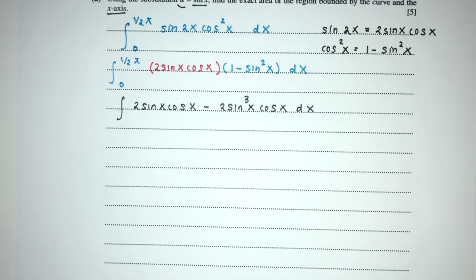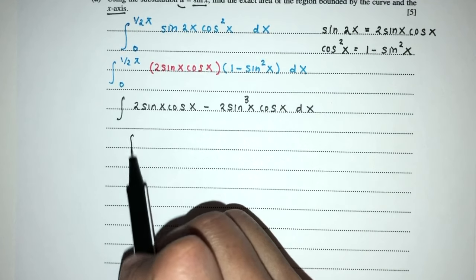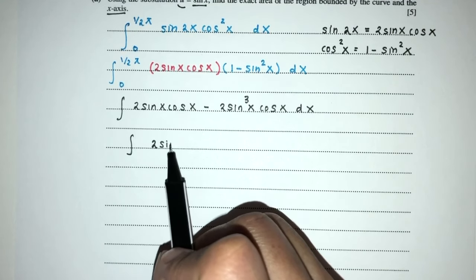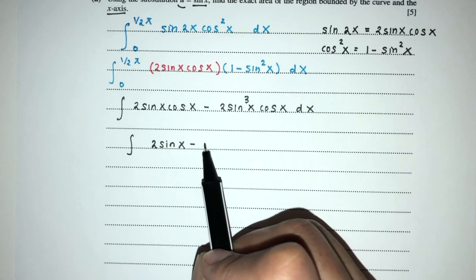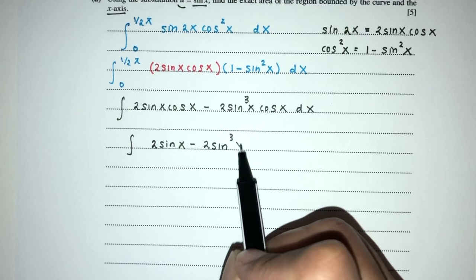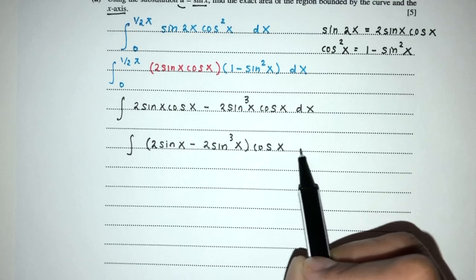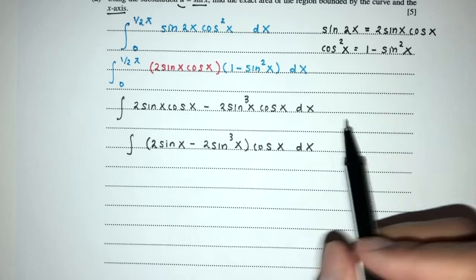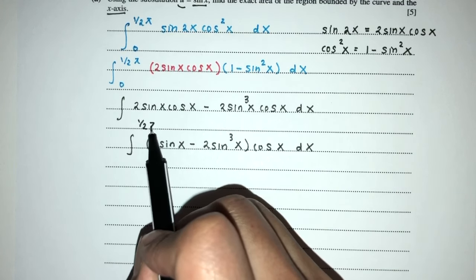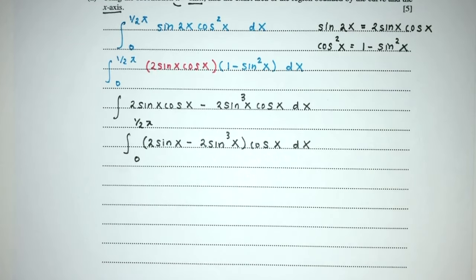So we take out the value of cos x, because it is common in each term. You will have cos x times 2 sine x minus 2 sine cubed x, and of course the limits are half pi and 0.